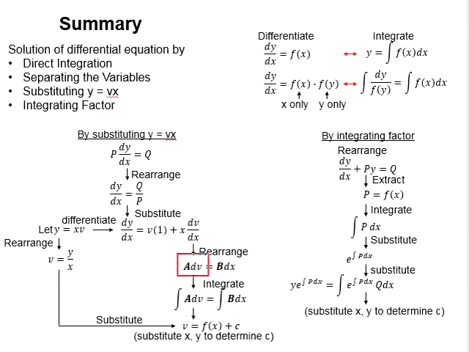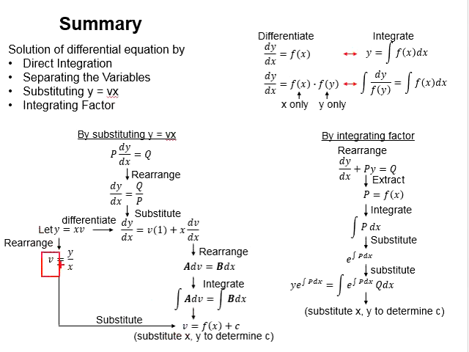You have variables separate from the both sides, integrate the entire variable, and the integration outcome from one side will give you v, while the other side will give you x. And there will be a constant c there. With the function in the v, you need to substitute back the v equals to y per x into the function.